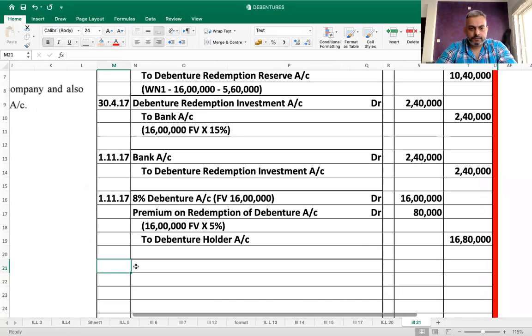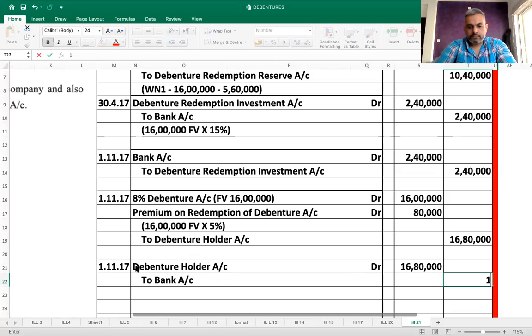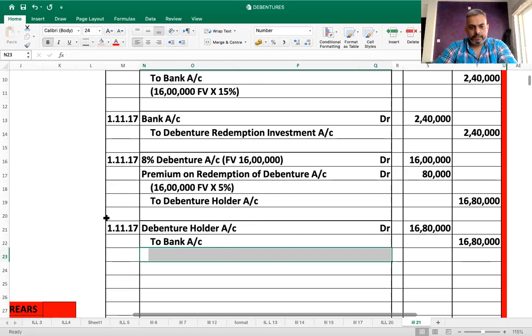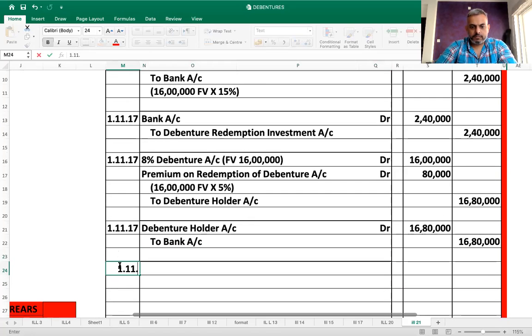Next, debenture holder account 16 lakh 80,000 to bank. And then finally, we transfer debenture redemption reserve to general reserve.